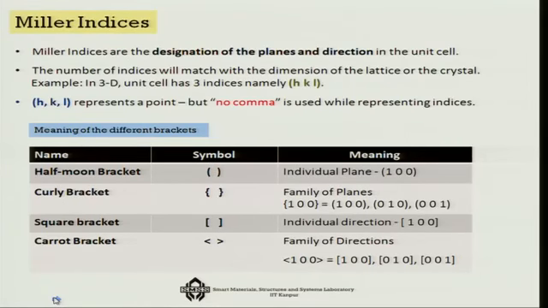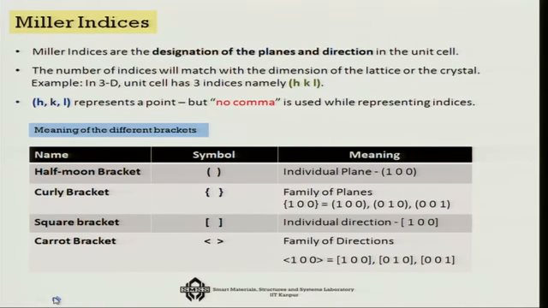Now, Miller indices are the designation of the planes and directions. The number of indices actually matches the dimension of the lattice of the crystal.